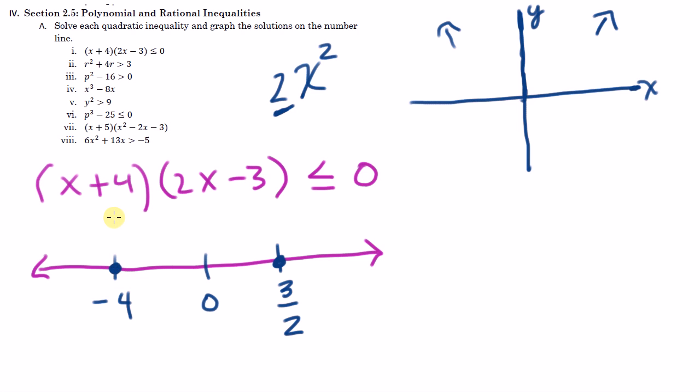Okay, so you can think of this as a separation. We want to know what's happening to the left of -4, in between -4 and 0, from 0 to 3/2, and then from 3/2 off to infinity. On the left side of -4, think about a really, really big negative number, like negative infinity.